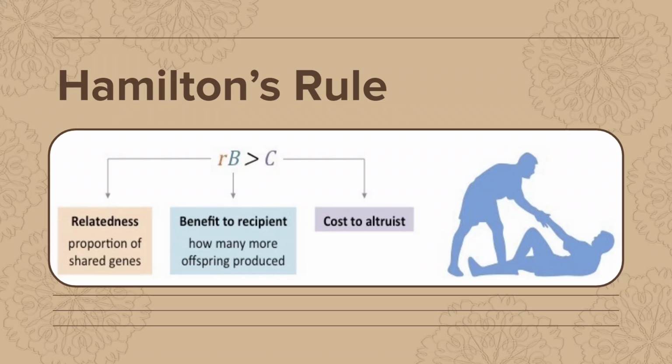And what this means is that it depends on who you're saving for the altruistic act to be worth it. So saving your brother would be different from saving your grandmother, because they have different proportions of shared genes, even if everything else is the same.